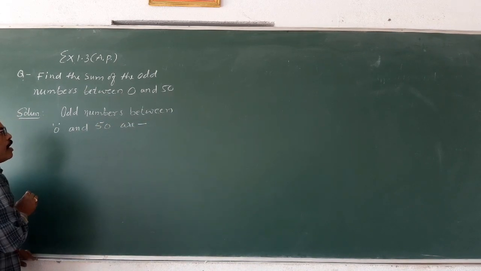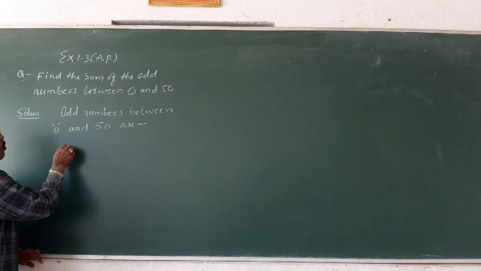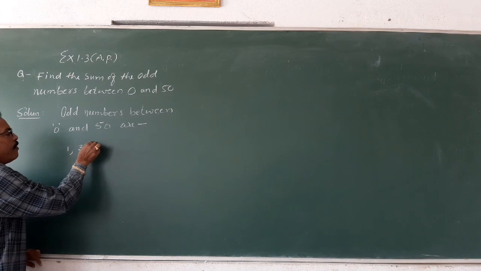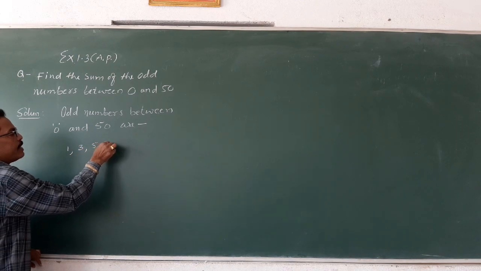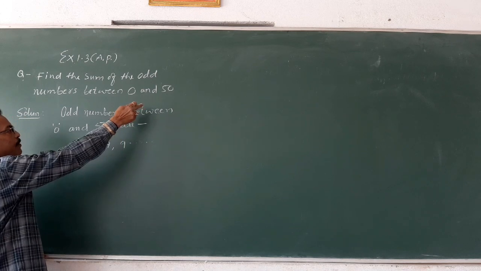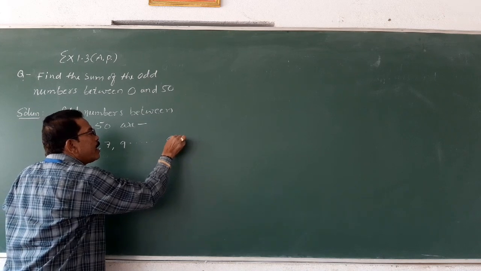The numbers which are not divisible by 2 are called odd numbers. So 1, 3, 5, 7, 9. Between 0 and 50, the last number will be 49.